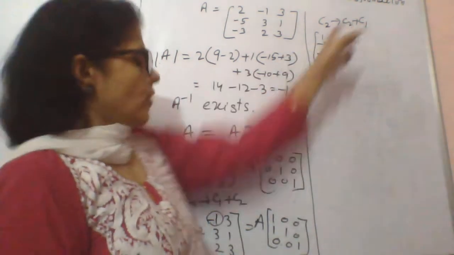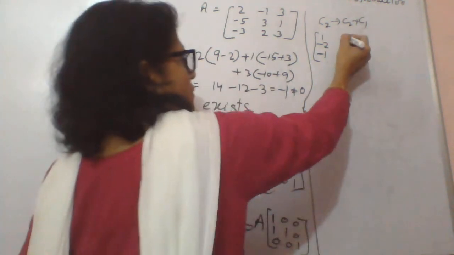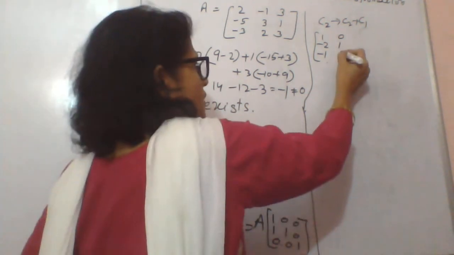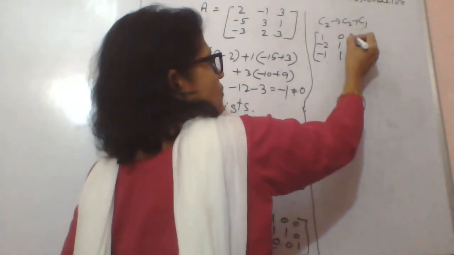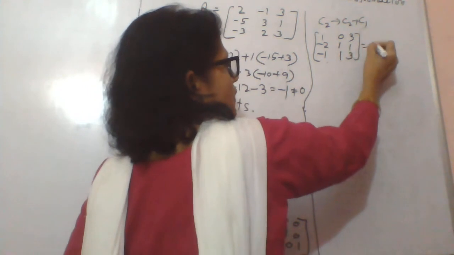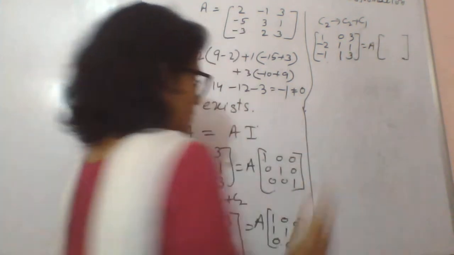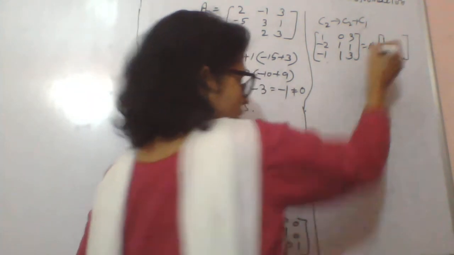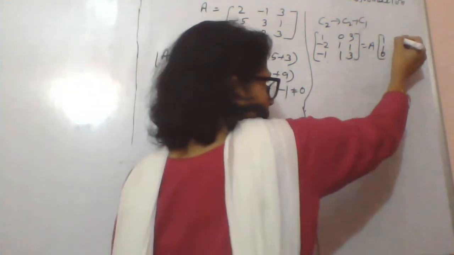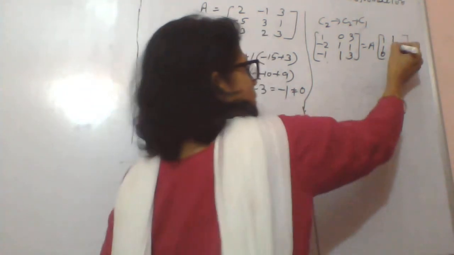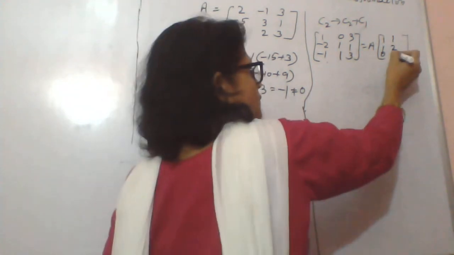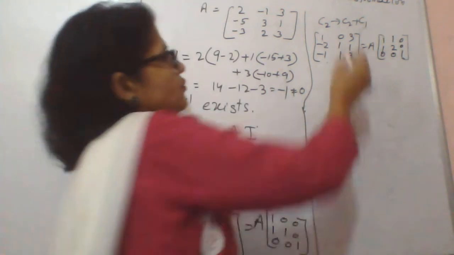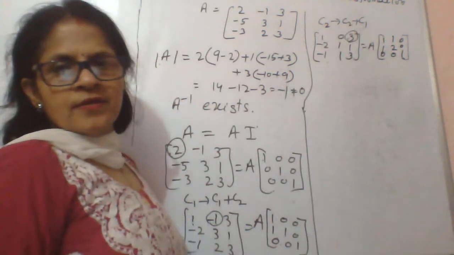For C2 plus C1: minus 1 plus 1 is 0, 3 minus 2 is 1, 2 minus 1 is 1, and the third column is 3, 1, 3, equals A into, where we replace C2 only: 1, 1, 0 as it is, then 0 plus 1 is 1, 1 plus 1 is 2, 0 plus 0 is 0, then 0, 0, 1.